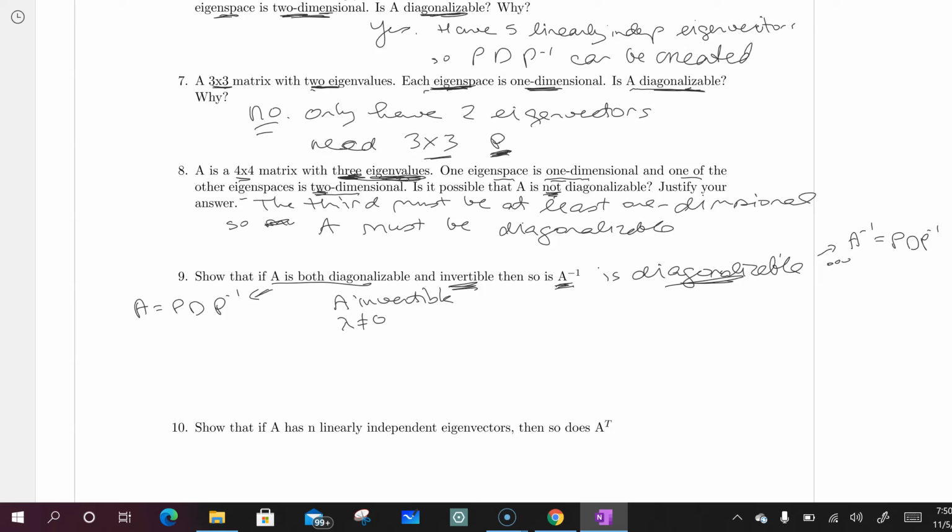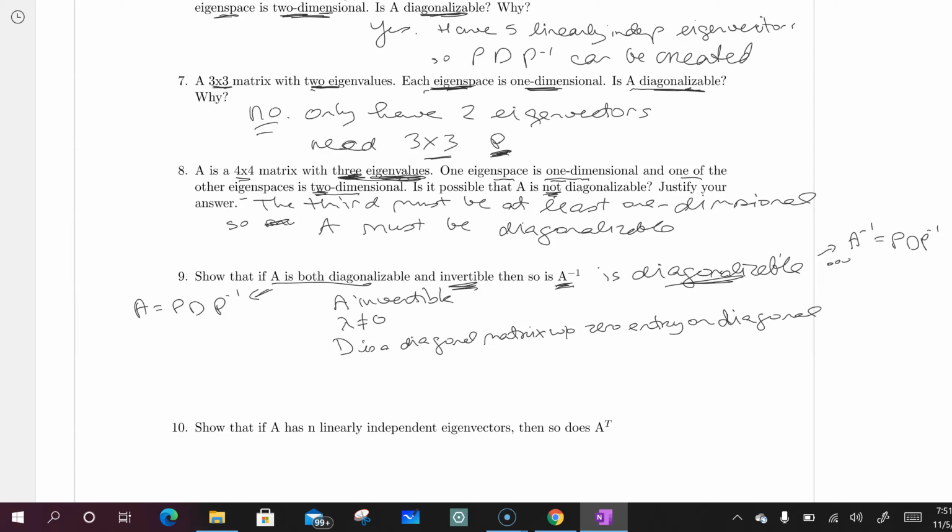So lambda doesn't equal 0, so doesn't that mean D is a diagonal matrix without a 0 entry on the diagonal, right? Because the diagonal entries are the lambdas, so there's no 0 on the diagonal.